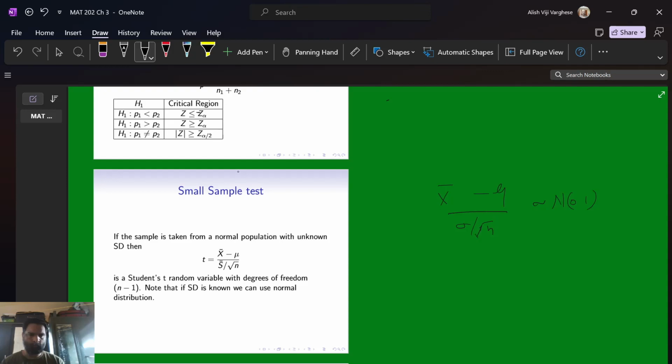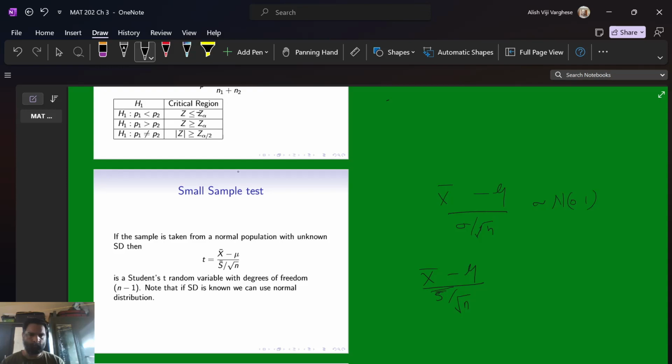But if the value of sigma is unknown, then we can replace it with the sample standard deviation S, then divided by root of n. That's a standardization process. But there is a problem. If you calculate x bar minus mu by s by root of n, then it need not be a normal random variable.